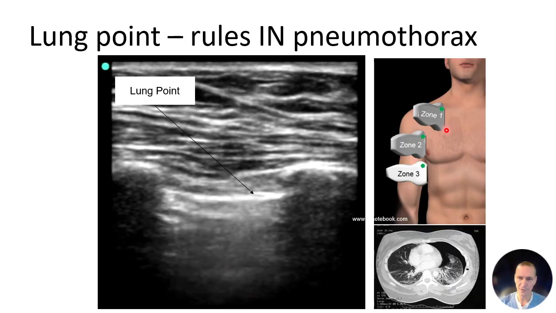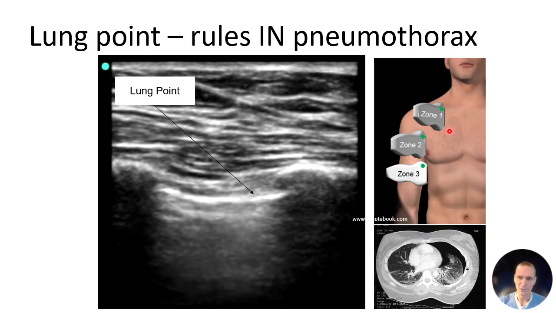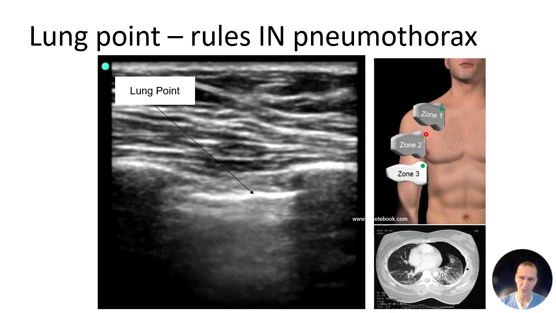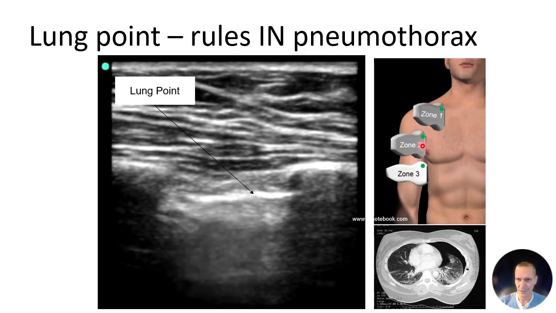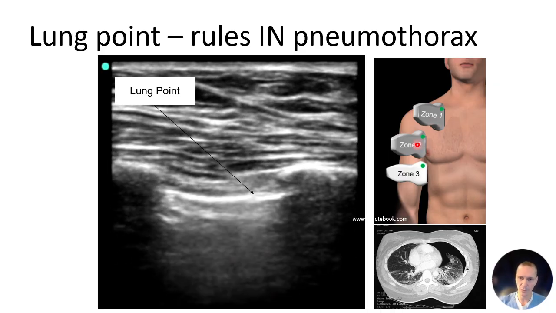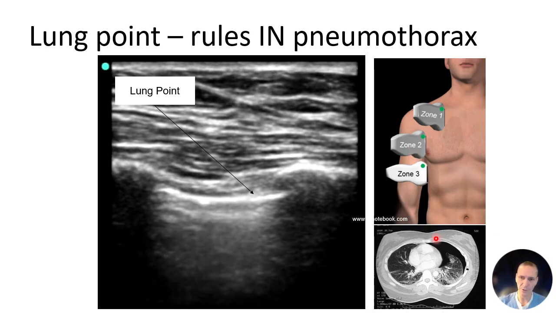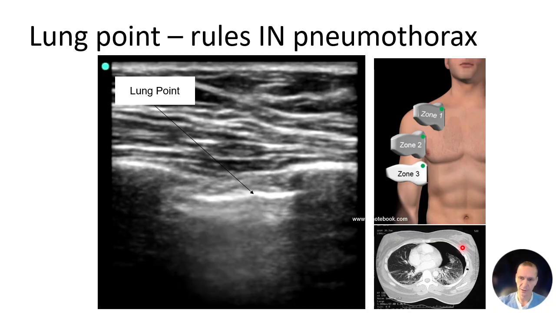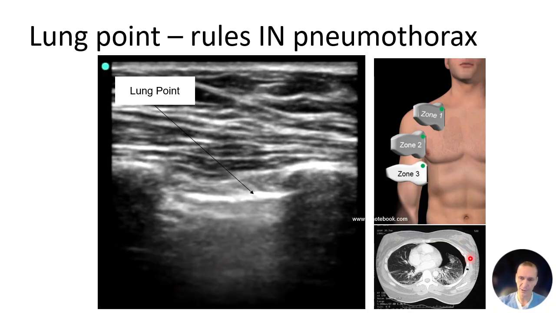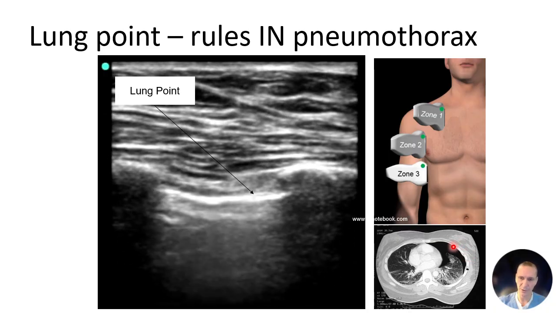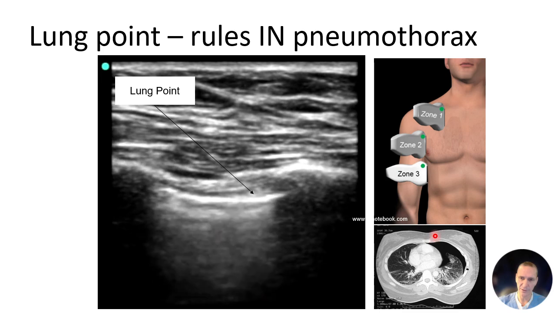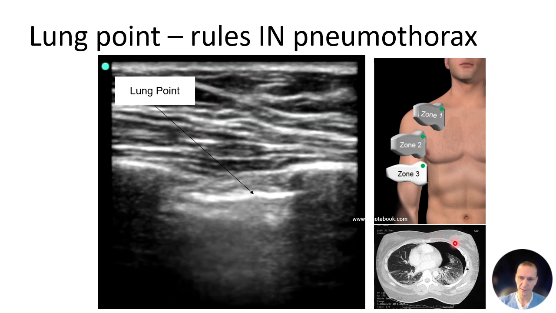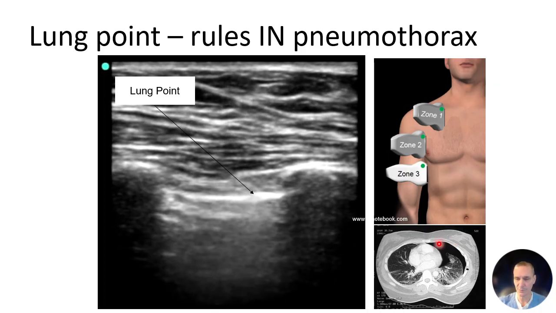And then the next question is, how big is this pneumothorax? So the way to try to quantify that is to take it from zone 1 to zone 2. Clinically, you're just kind of going more posterior, and you are saying, no lung sliding here, no lung sliding here, no lung sliding coming from this way. That's a pretty big pneumothorax, versus if you just had no lung sliding here anteriorly, but there was lung sliding here, that could potentially be a smaller pneumothorax.